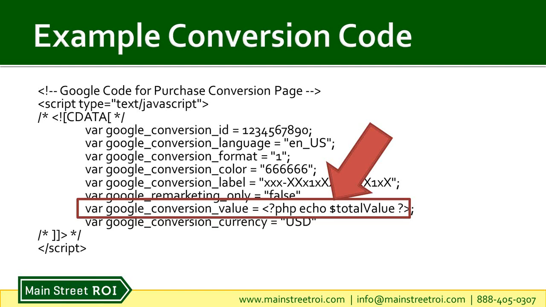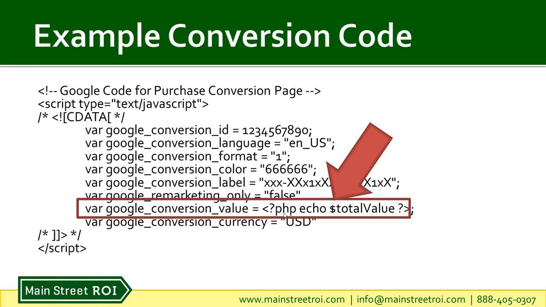So this entire thing, where it says Google code for purchase conversion page, all of this code is the Google Conversion Tracking Pixel. What's important is the line that I have highlighted here in red. It says Google Conversion Value. You need to put a value there, whether it's a $1,000 purchase, $500 or $5.